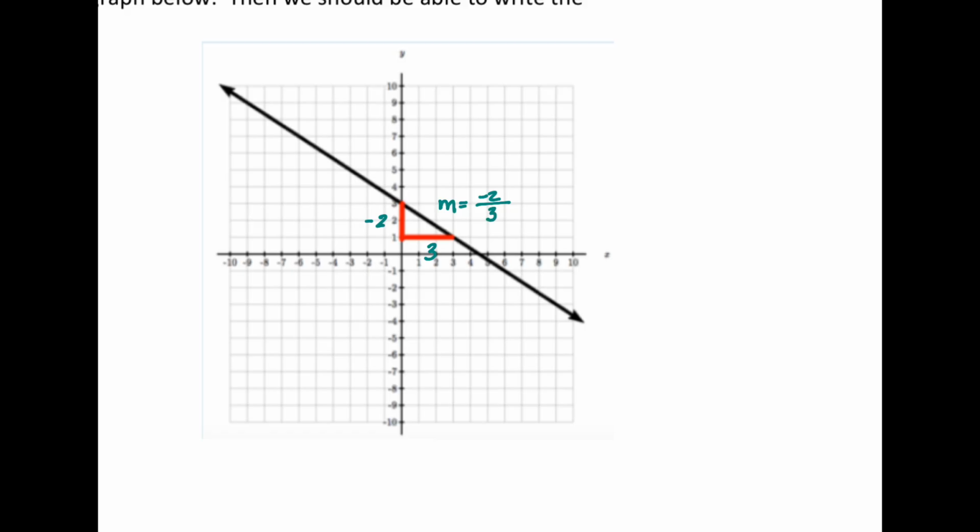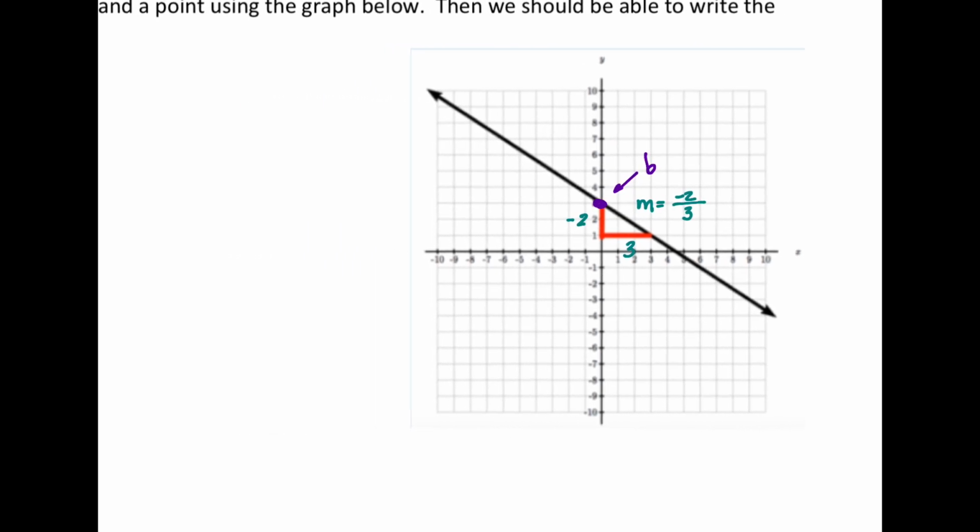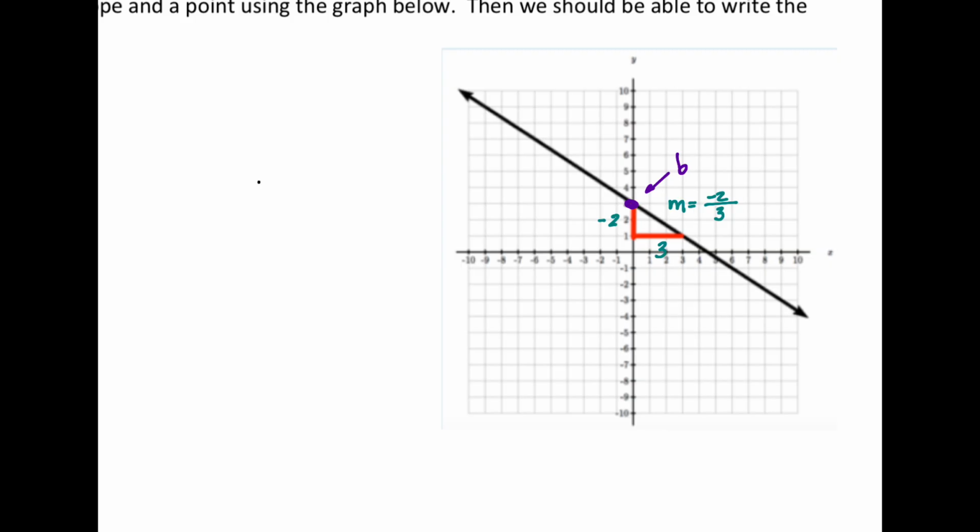So now we have our slope, and we have a whole bunch of points to choose from. You can choose any point you want. However, that point right there is our y-intercept. So that would be a preferable point to use because, let's go this way because that's the way the screen works on this one.